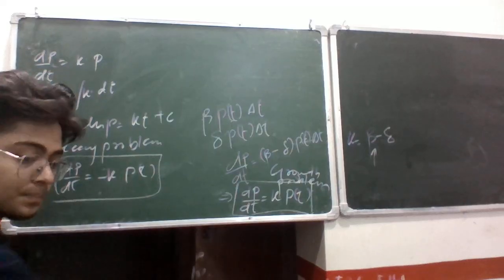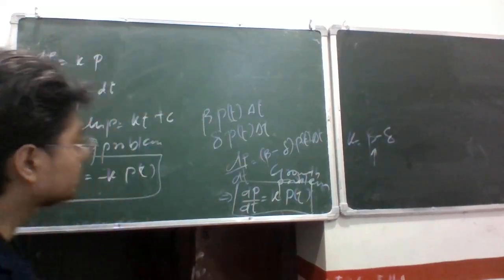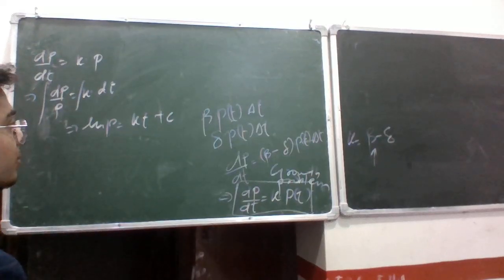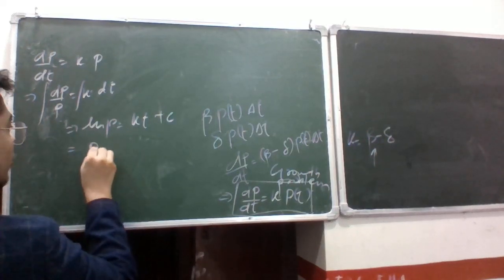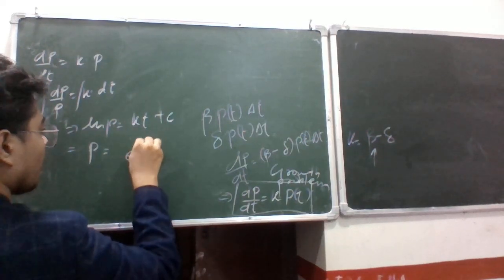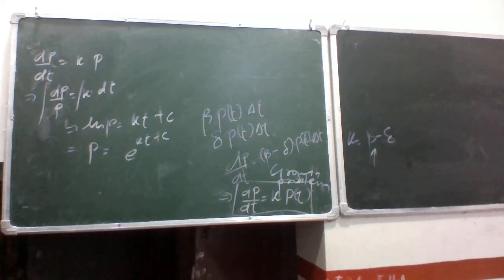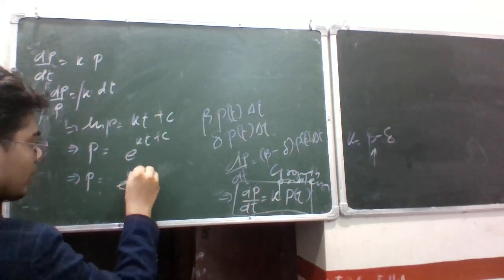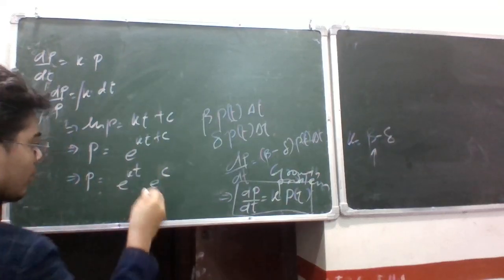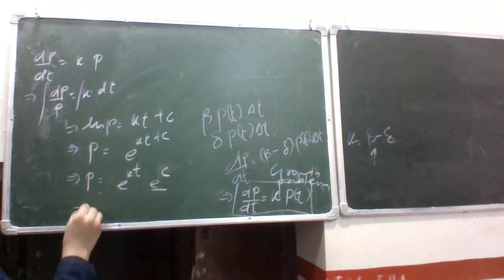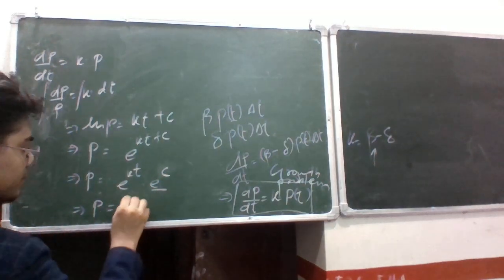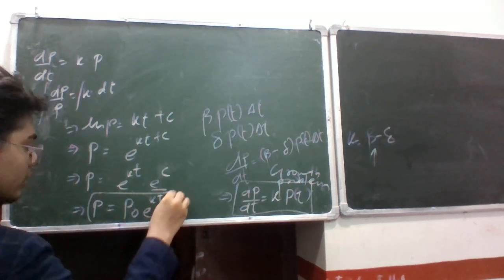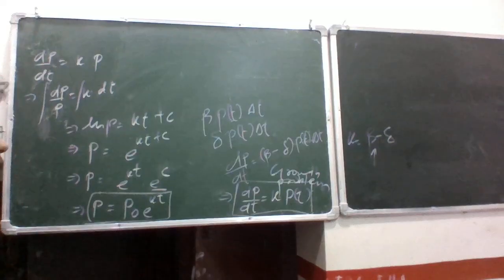If you know the relationship between the logarithm and the exponential, you would be familiar with this. Then I can write this e to the power C as a single constant. This is the solution of the growth problem.